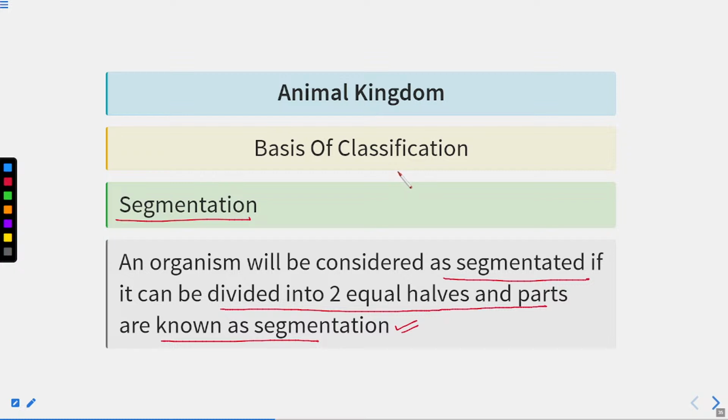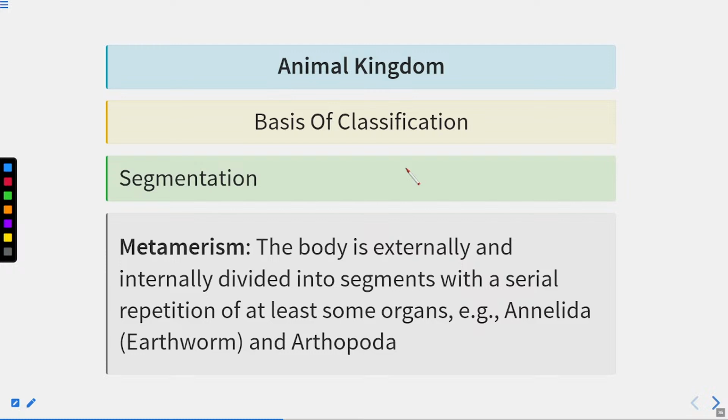Best example is the organism that belongs to the phylum Arthropoda. The segmentation can be of metamerism type. The body is externally as well as internally divided into segments with a serial repetition of at least some organs, meaning every segment has the same organs.